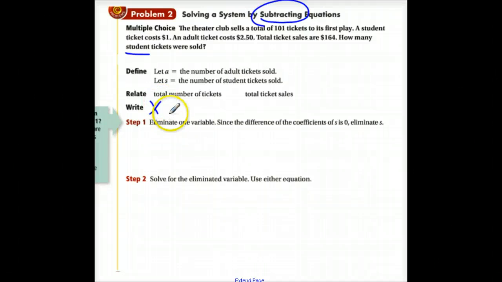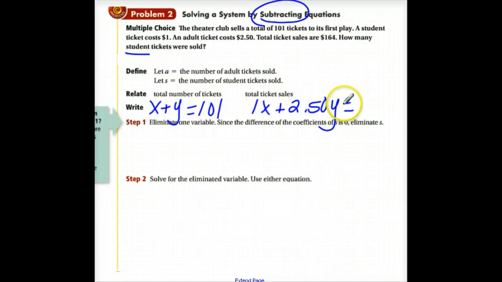So student tickets plus adult tickets that we sold this first play night is 101. And now we're going to relate the cost of those. It says student tickets are $1, 1 times x, and adult tickets are $2.50 times y, and we made $164. So there are our 2 equations.